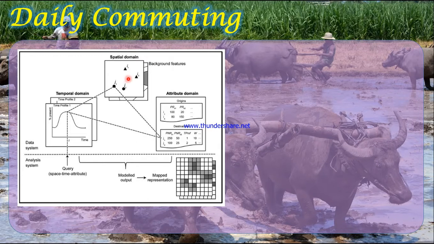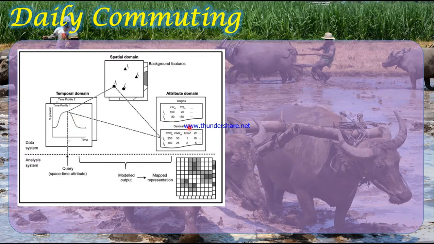Spatial domain will show the specific location that there are some people in there. Temporal domain will show how many times the people will be stay in the same location.